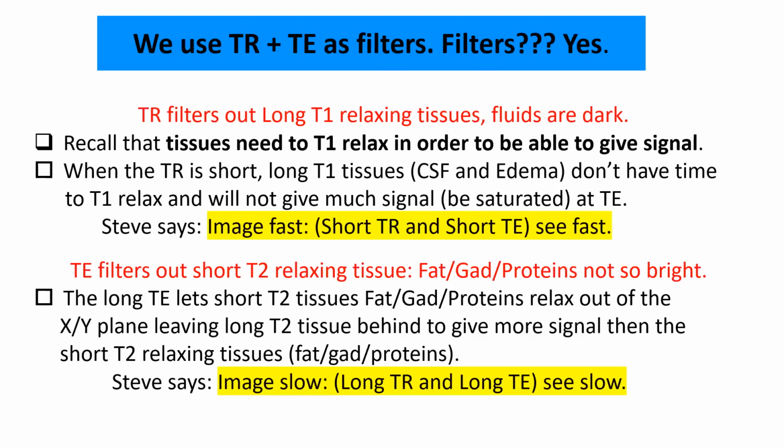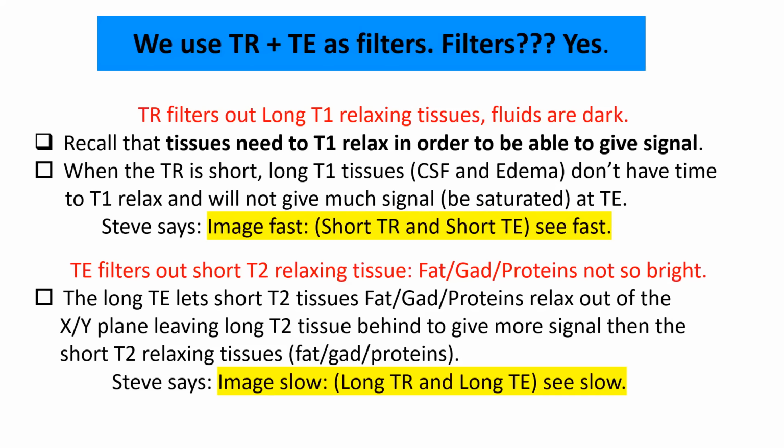So just to review, TR filters out long T1 relaxing tissues, makes them dark. It's going to let you see short T1 tissues because you're only letting those tissues T1 relax. So here's a Stevieism, and I'm full of these.